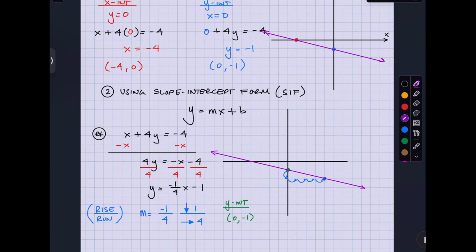But then the question becomes, what if there's no x and y in the equation? What if it's just an x in the equation? We got to solve for x. What if there's just a y in the equation? We got to solve for y. But then what kind of line are those, right? So what other type of lines could we have if it's not diagonal?